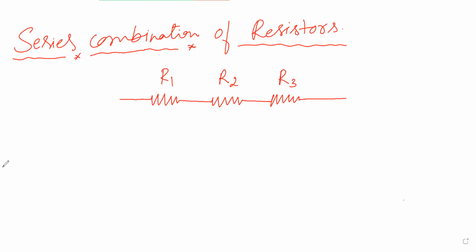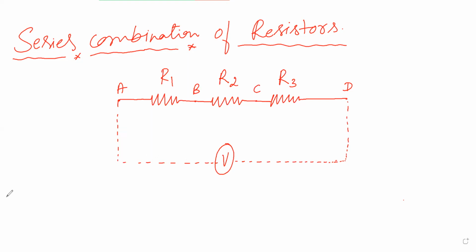Let me call this point A, and here is point B, point C and point D, which is basically connected to an external source, which is considered a power supply here.